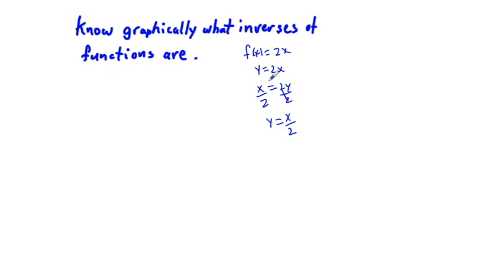So therefore, our inverse function for the original is going to be f negative 1 of x is equal to 1/2 x. And so what that would look like is this.